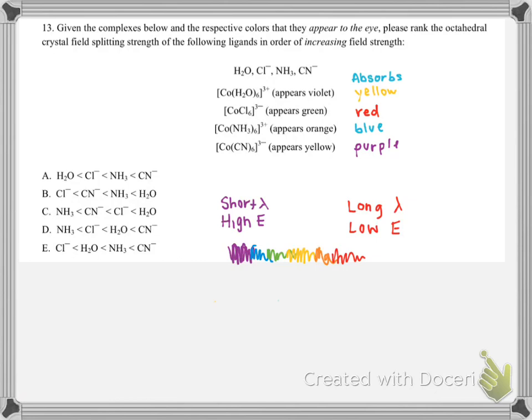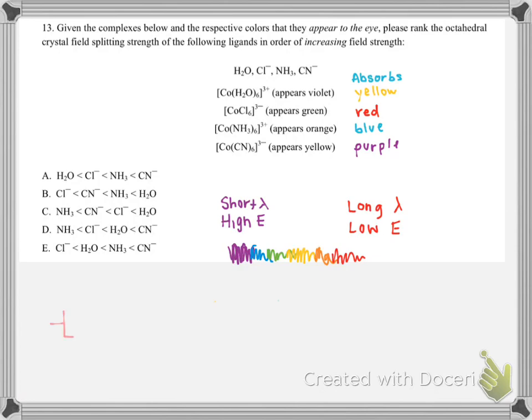The colors are important because they can tell us about the wavelength and the energy of that light that's being absorbed. And so we know that violet or more purple light has a shorter wavelength and higher energy than red light, which has a longer wavelength and lower energy. Then we can think about what it means to be strong field versus weak field.